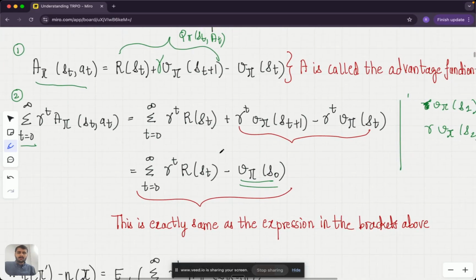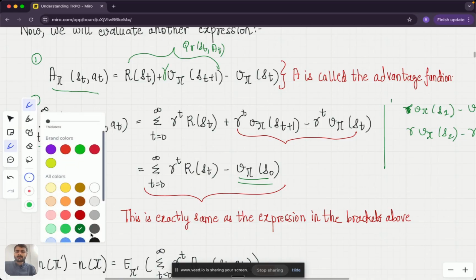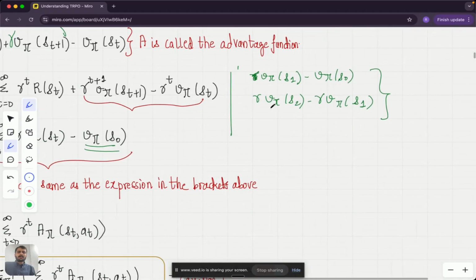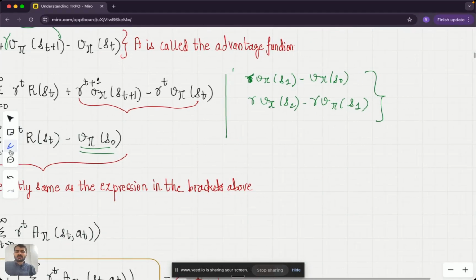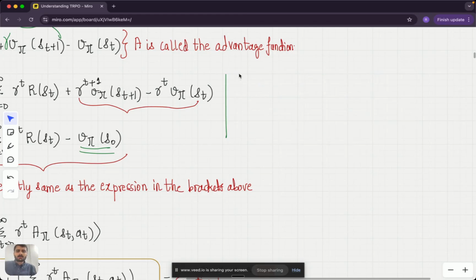Now, here, because we have gamma, instead of gamma raised to t, this would now become gamma raised to t plus 1. Now, if you look at these expressions of the summations, let's look at what that would be. For t equal to 0, the first term is going to look like gamma times v pi of s1 minus v pi of s0.